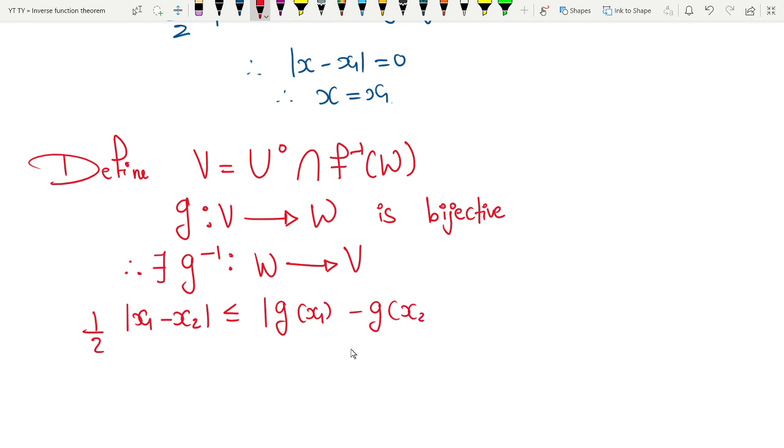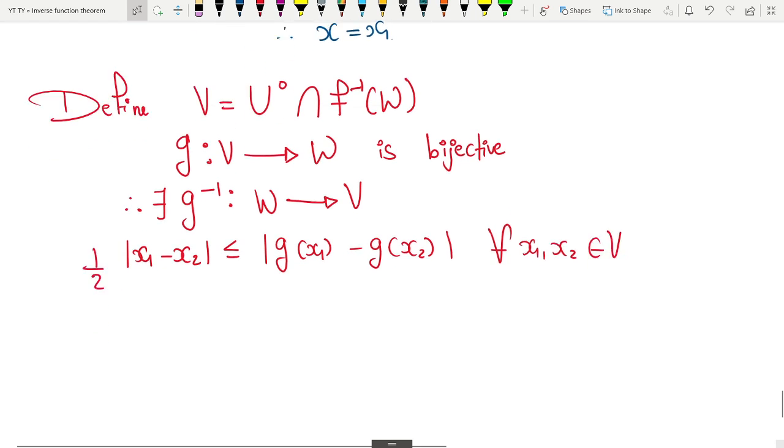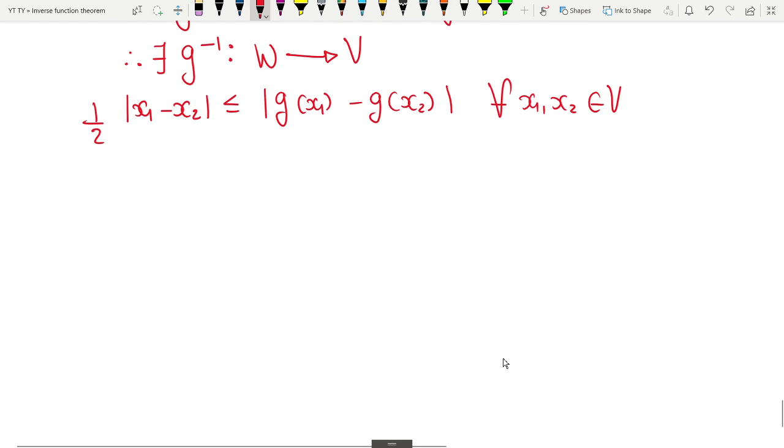This is something we assume for every point, so it should be true for every point inside V as well. So I just take this 2 to the other side: the norm of x1 minus x2 is less than or equal to 2 times the norm of g(x1) minus g(x2).